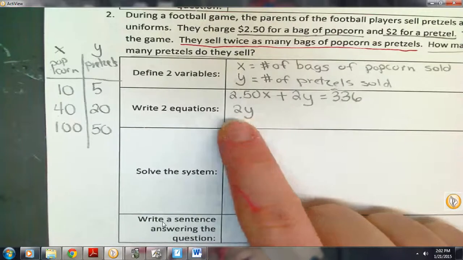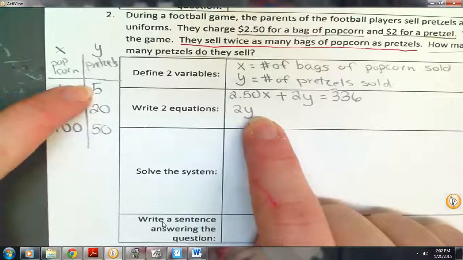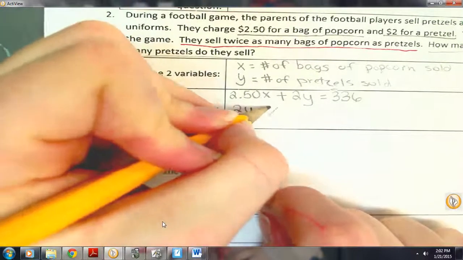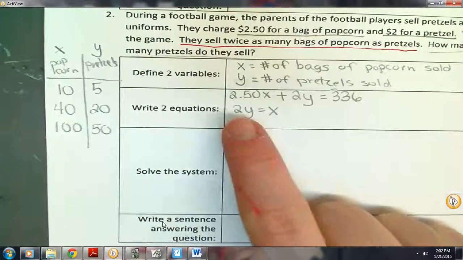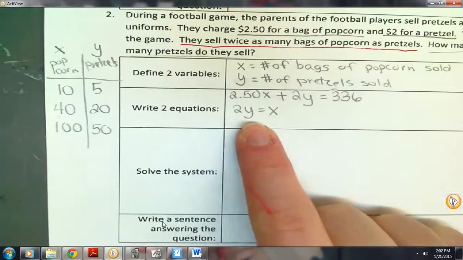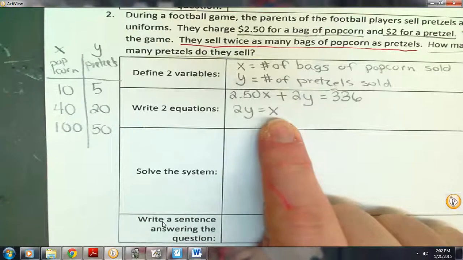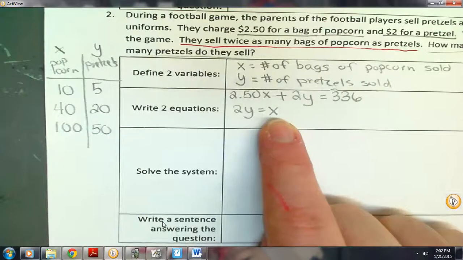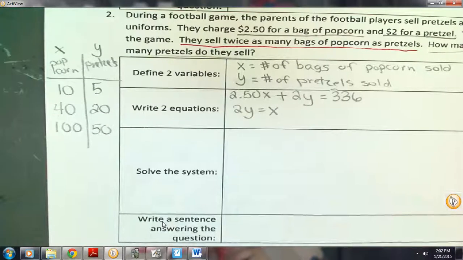So if you take 2 times however many pretzels they sold, that's going to equal what? x. If you double the number of pretzels, that's going to equal however many bags of popcorn they sold. Alright, from here you should be able to solve. What method would you use? Substitution would probably be best. Yeah, substitution would probably be the best choice.